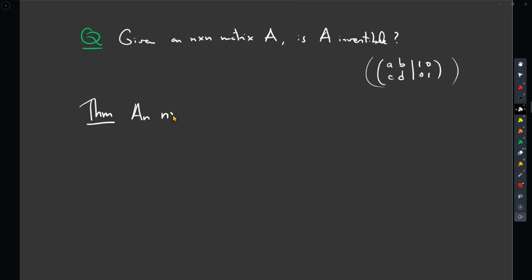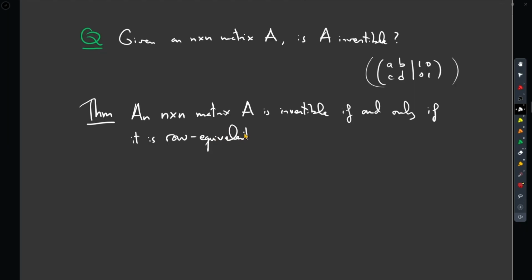So an n by n matrix A is invertible if and only if it is row equivalent to the n by n identity matrix.